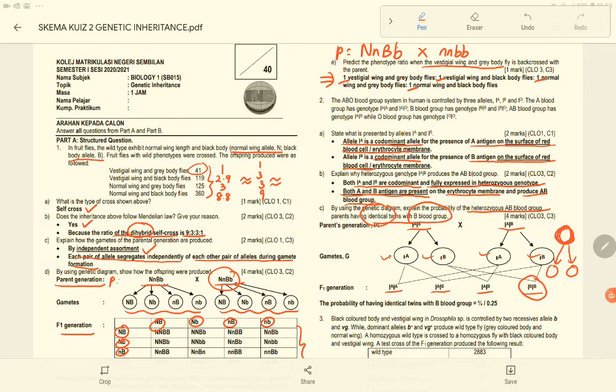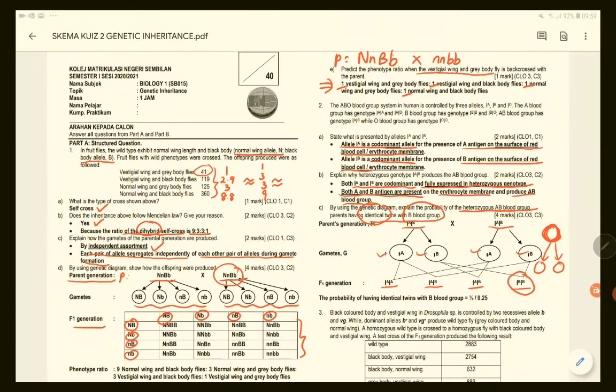So the next question. Black color body and vestigial wing in Drosophila are controlled by two recessive alleles, small b and vg, while the dominant alleles produce the wild type fly. Homozygous wild type is crossed with homozygous black color body and vestigial wing.